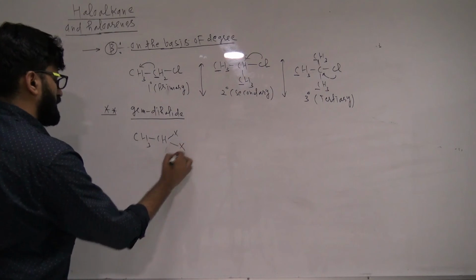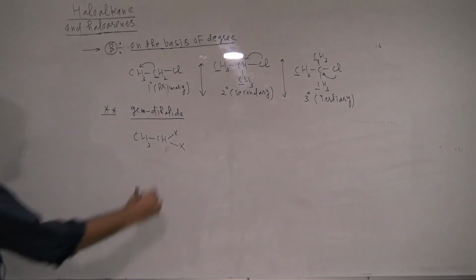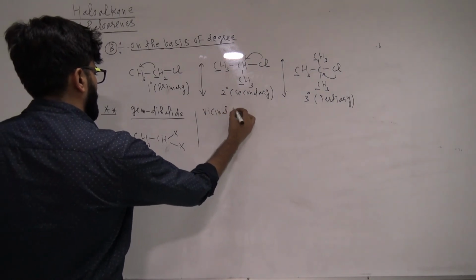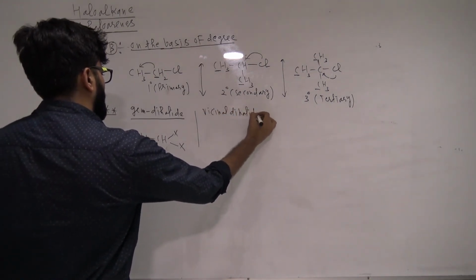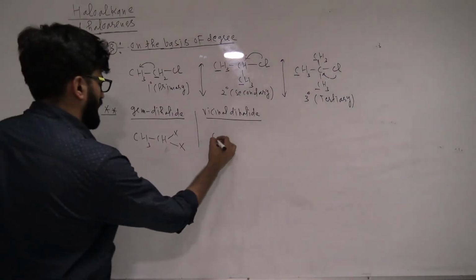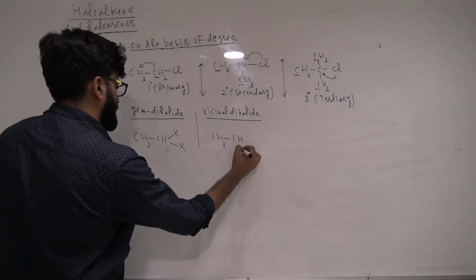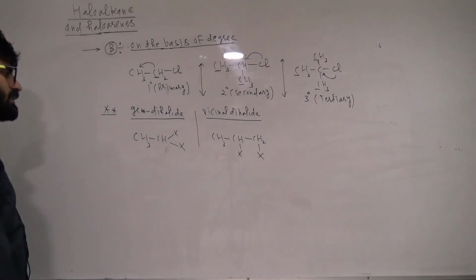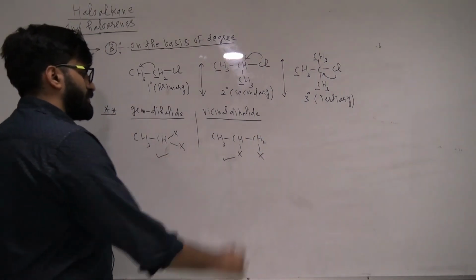These kinds of halides are called gem dihalides. And another famous one is vicinal dihalide. What is a vicinal dihalide? It is CH3, CHX and CH2X. So this is your gem dihalide and this is your vicinal dihalide.